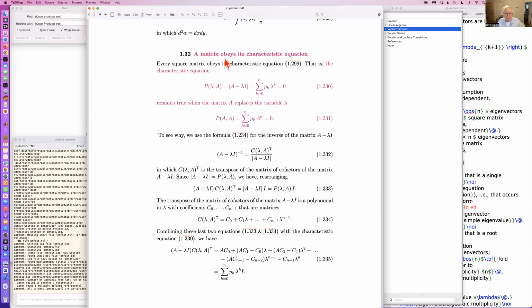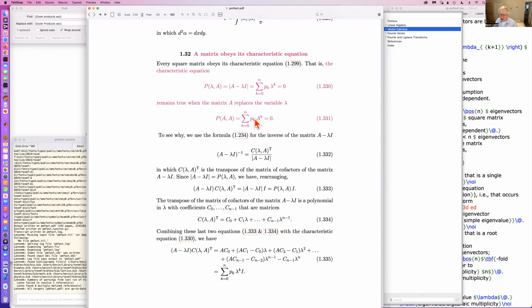Anyhow, a matrix obeys its characteristic equation. Remember the characteristic equation is the equation determinant of the matrix minus lambda times the identity equals 0. If you substitute the matrix for lambda, that's an equation that every square matrix obeys.